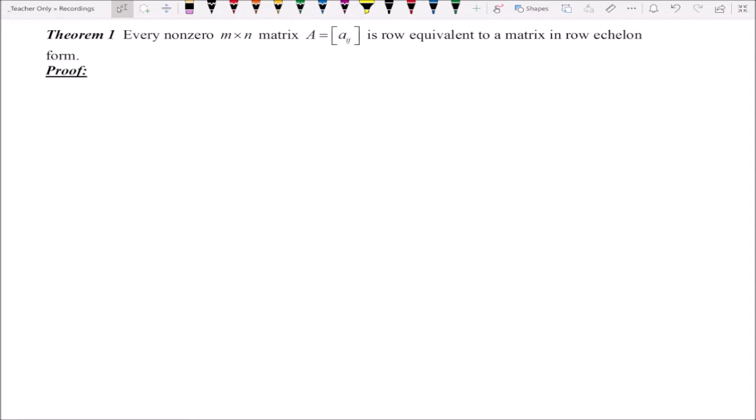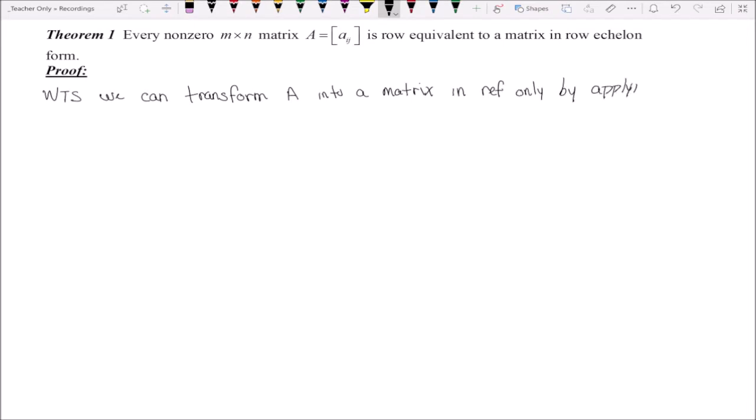For the proof, what we need to do is show that we can transform A into a matrix in row echelon form only by applying the elementary row operations.